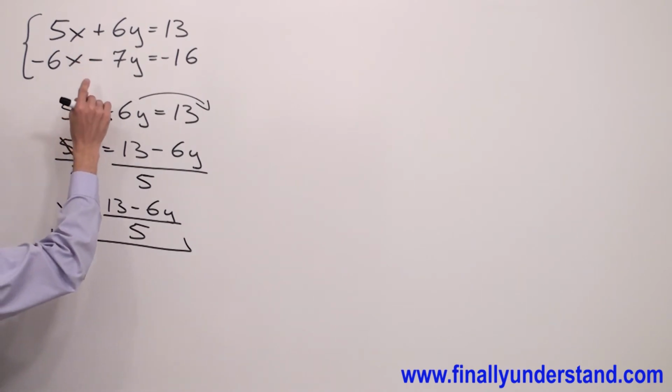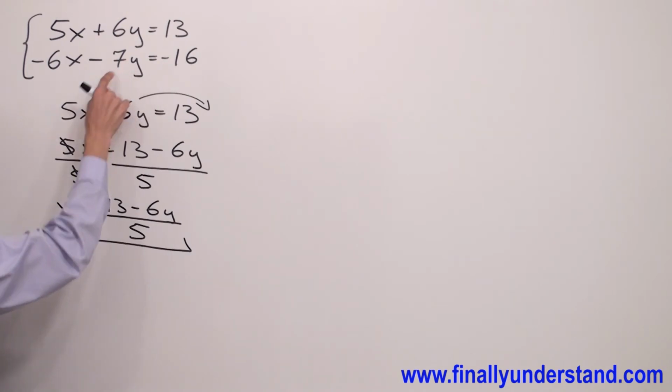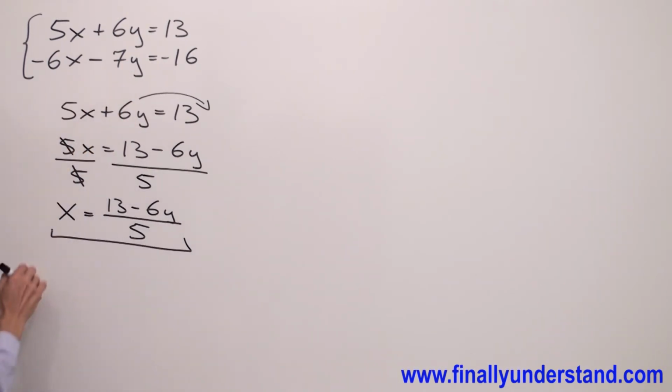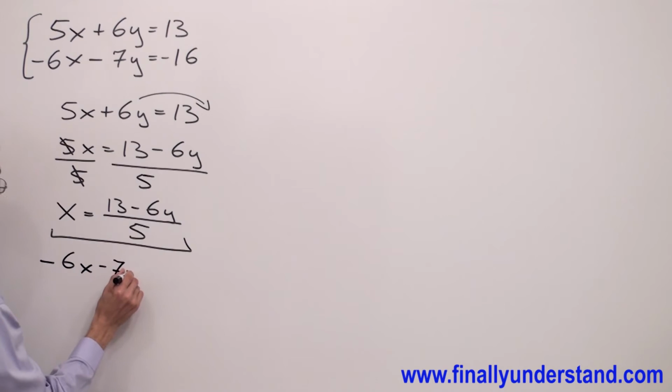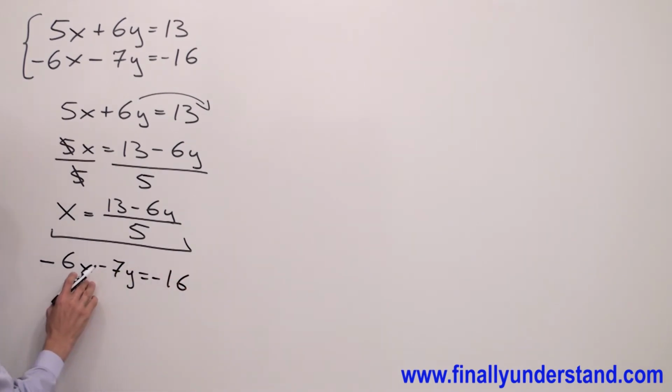In order to find the other unknown, in this case y, I'm supposed to use the second equation. So I have negative 6x minus 7y is equal to negative 16. I just copied down the second equation, and as I said, instead of x, we're supposed to write this fraction.